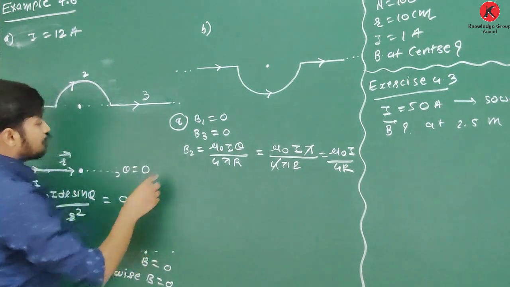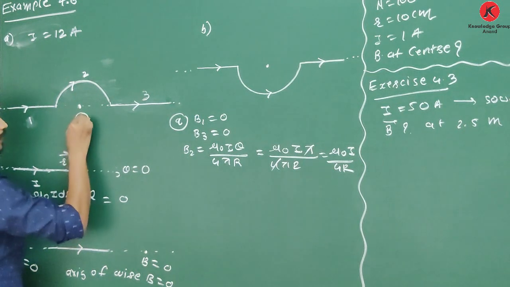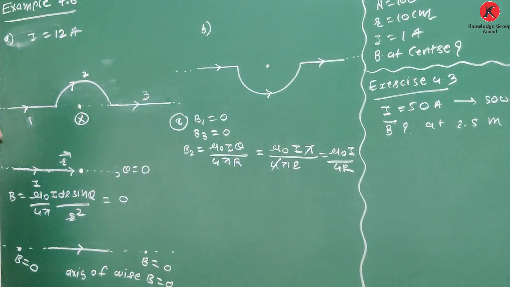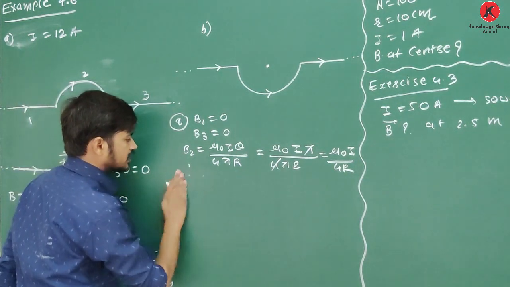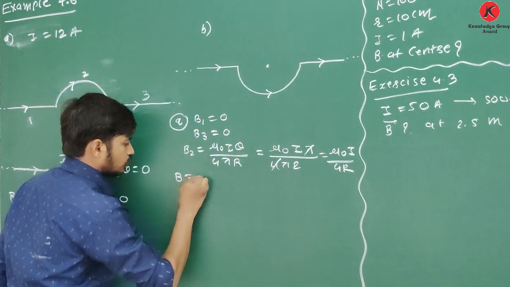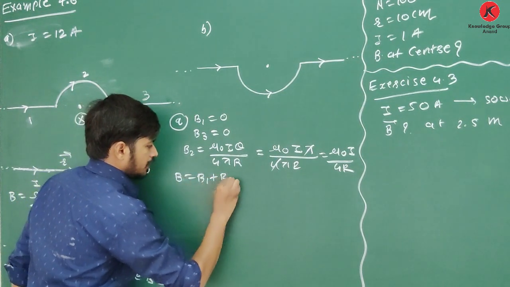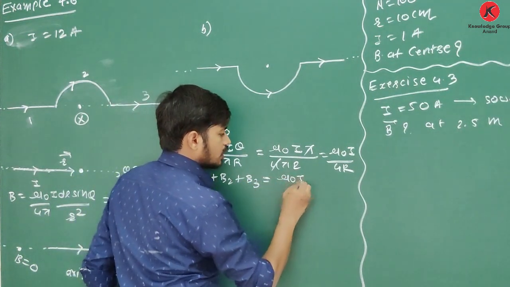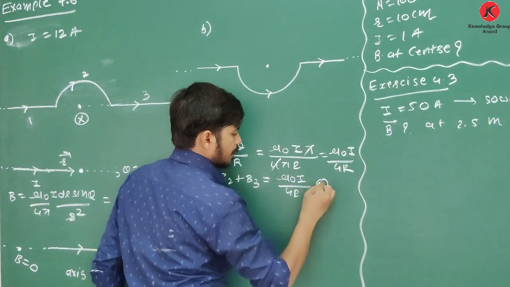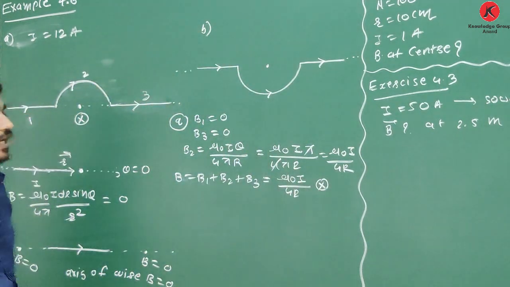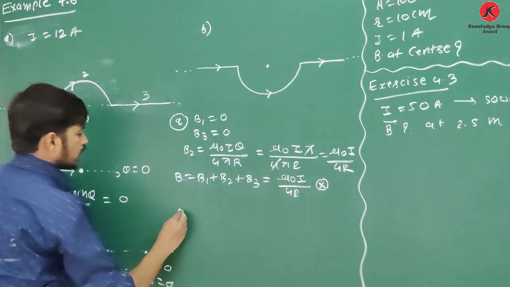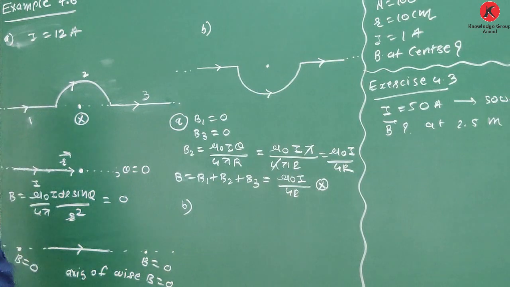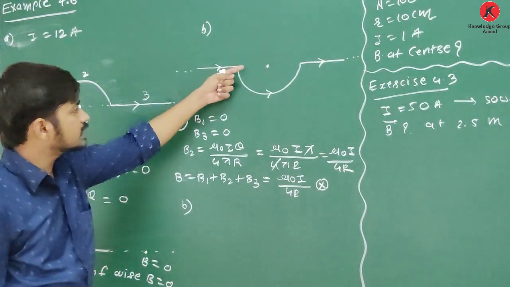So here the magnetic field is going inside, meaning cross. The resultant magnetic field B is equal to B1 plus B2 plus B3, which is mu 0 I upon 4r, perpendicular to the page, going inside.